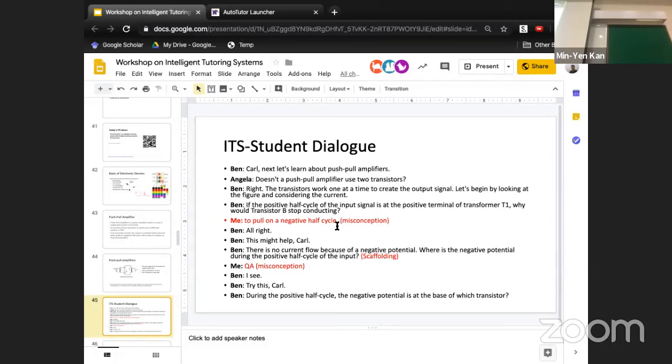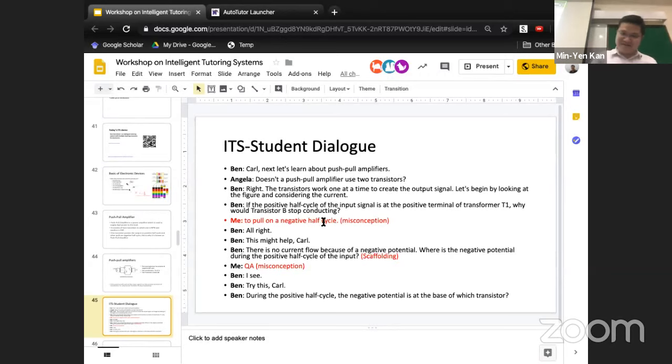I answered QA. QA is also a wrong answer. And then it also sees this kind of misconception, and wants to convince me again. Okay, try this again. During the positive half cycle, the negative potential is at the base of which transistor? It tries to push me to think hard.